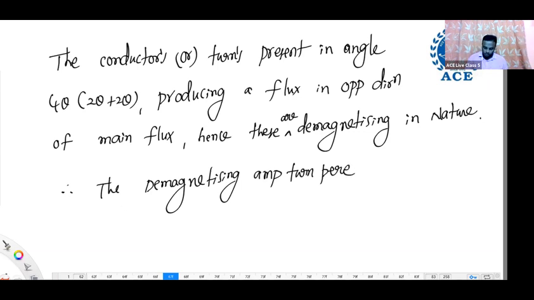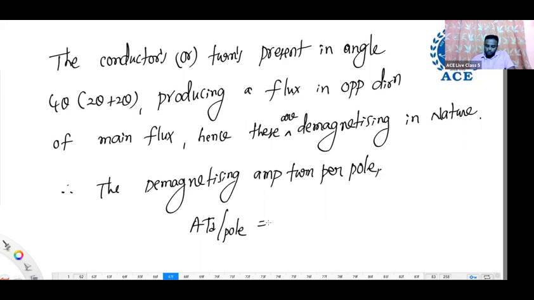How many turns are causing demagnetizing? That we are calculating per pole. This we represent as ATD per pole. ATD means demagnetizing ampere turns.